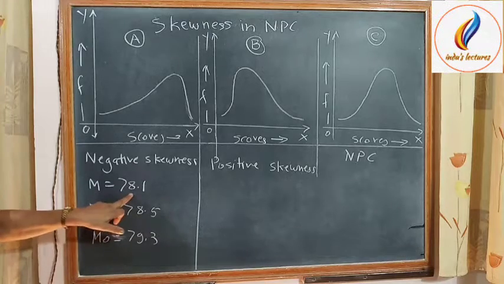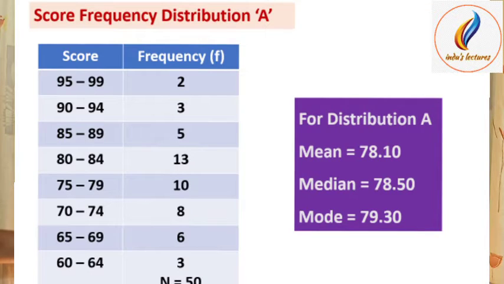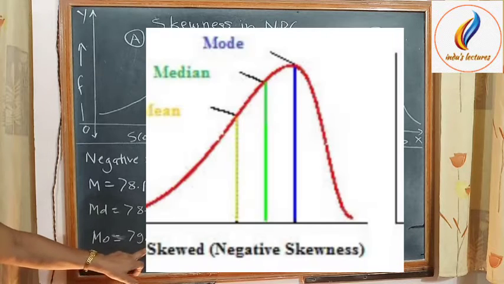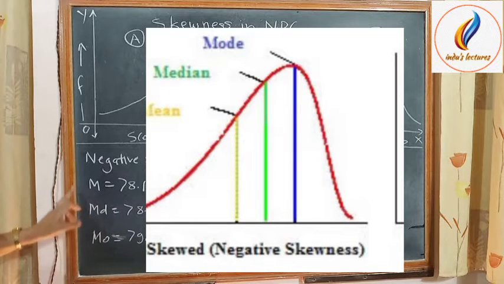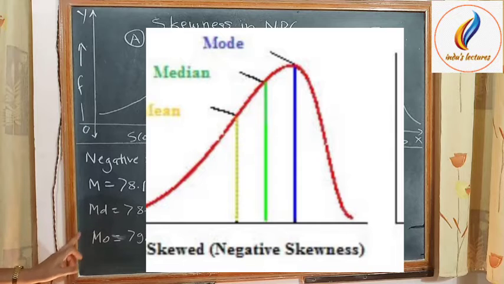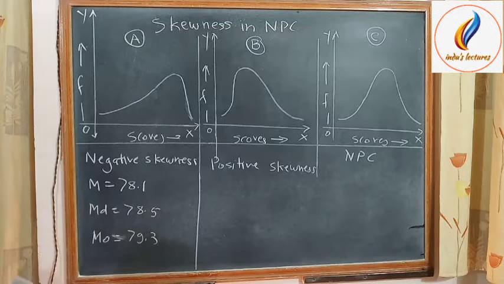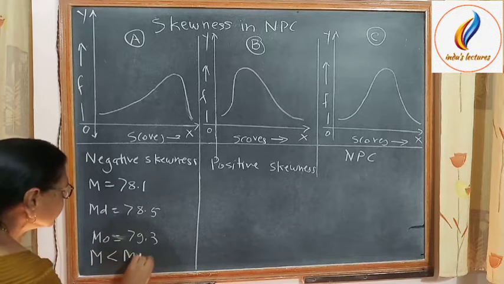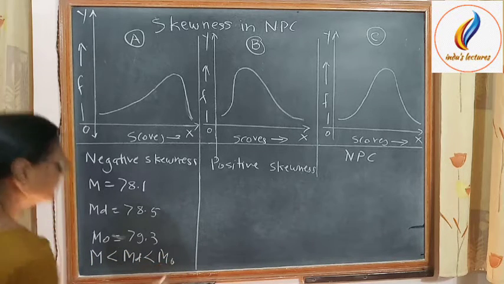That means the values of mean, median and mode are different. Particularly, we can say that mean is less than median is less than mode.